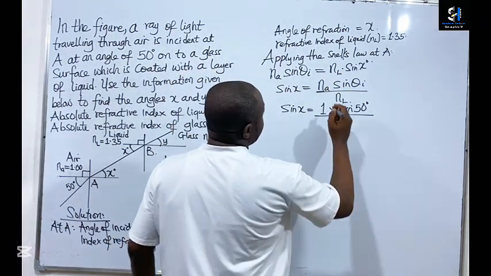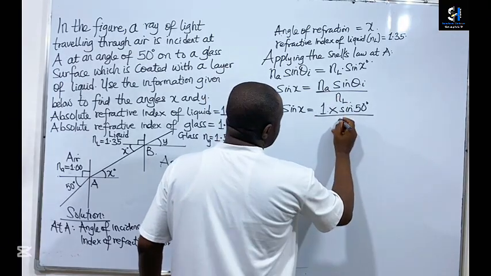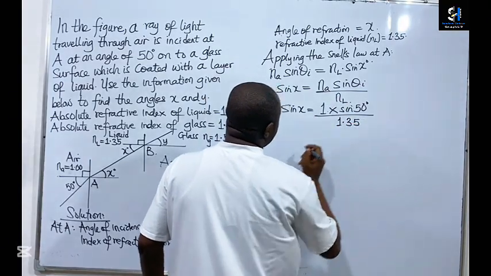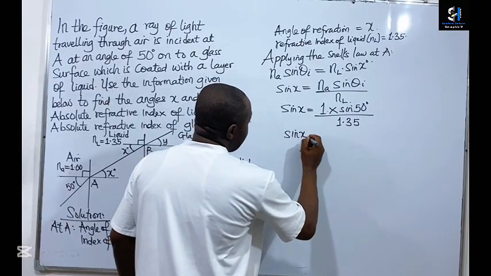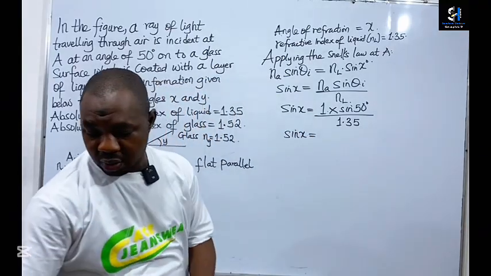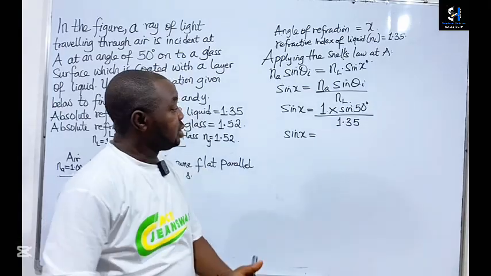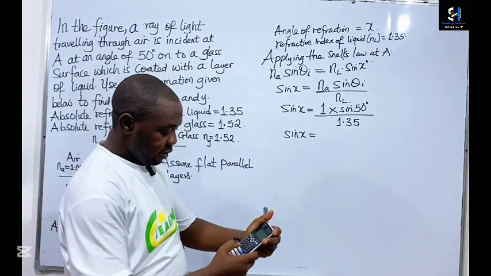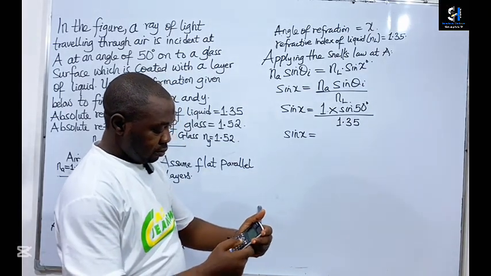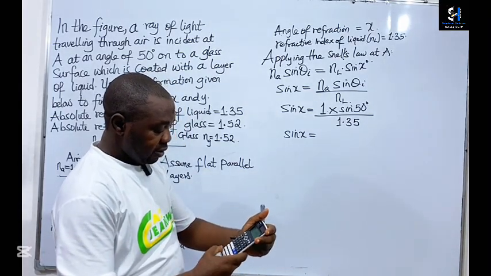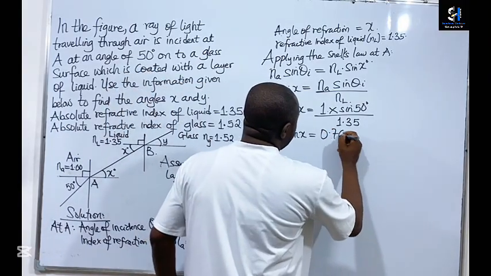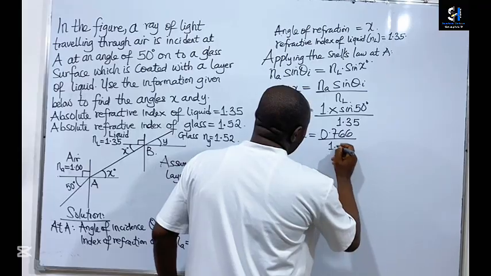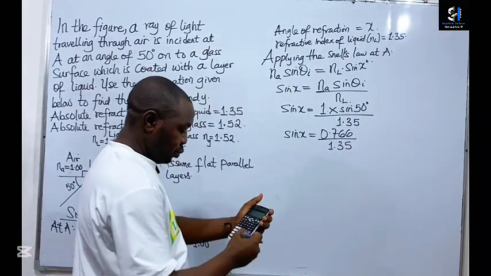The index of refraction of the liquid is 1.35. So sine x equals sine 50 degrees, which is 0.766, divided by 1.35.